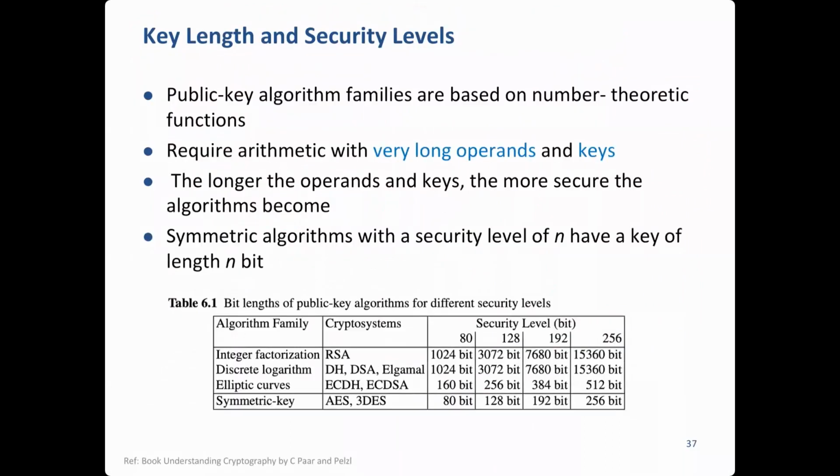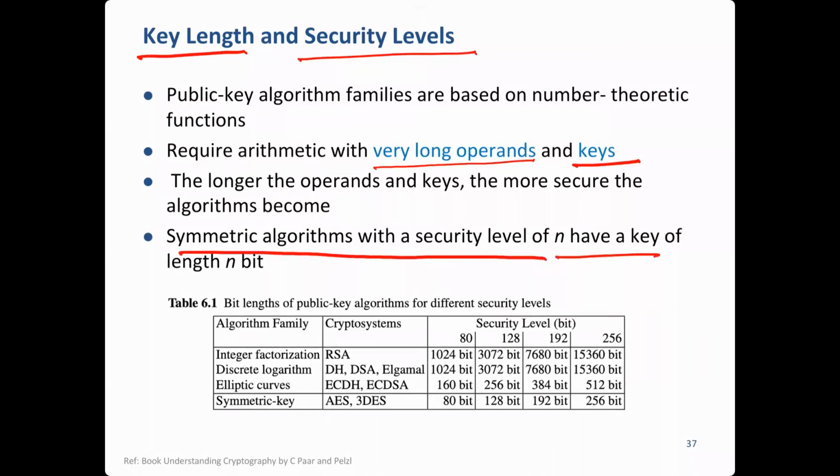But before that, let's see, do we have a relationship between key length and security levels? Yes, right? So in public encryption, we use very long operands and very long keys. Now we have to compare it with symmetric key algorithms, like AES and DES that we have studied.